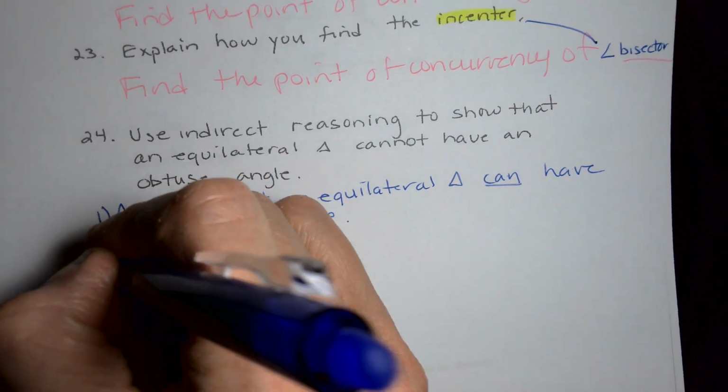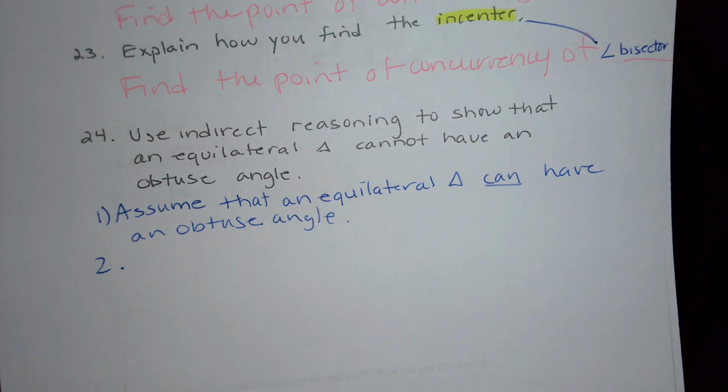Okay. So now we go into that description. This is the part that can look different for everyone. Explain to me, use logic in an orderly way. That's all I would say. So I would say, assume that the equilateral triangle can have an obtuse angle.